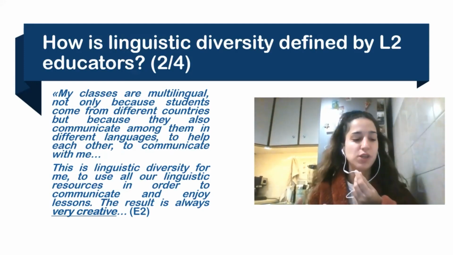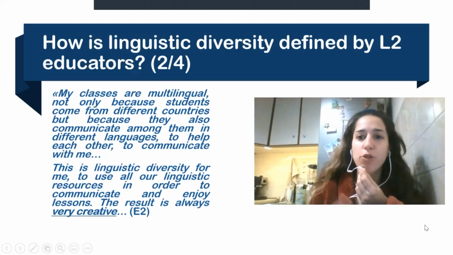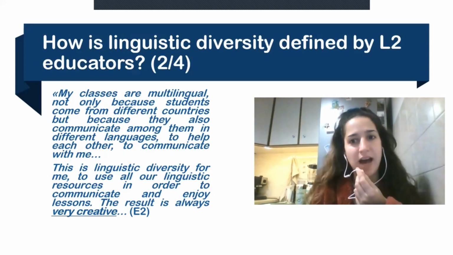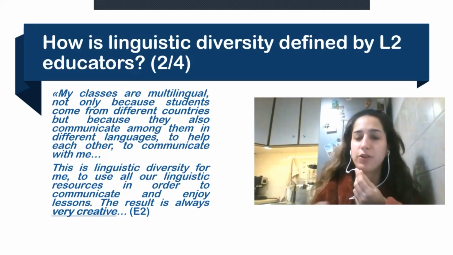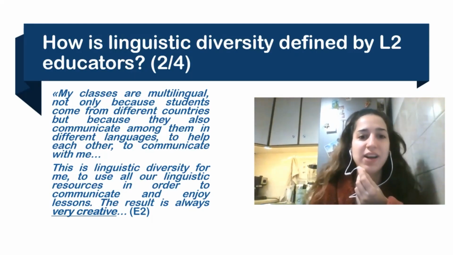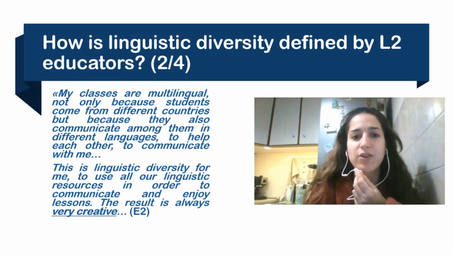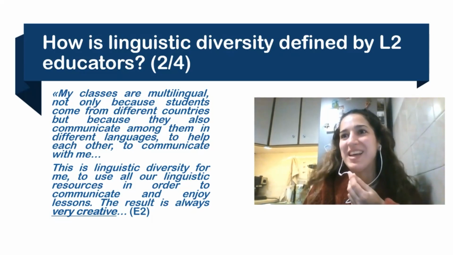In other words, students, for example, from Kurdistan who speak and comprehend Arabic, also use both languages, Kurdish and Arabic, and often operate as interpreters for their classmates. And also in the classroom, we use Greek, English, the students' mother tongues, pantomime, drawings, anything in order to communicate. This is linguistic diversity for me.